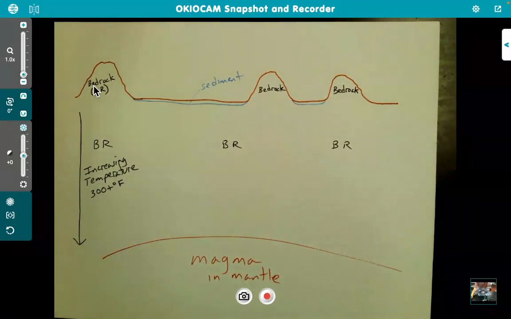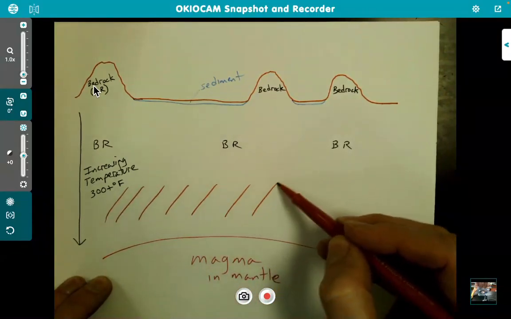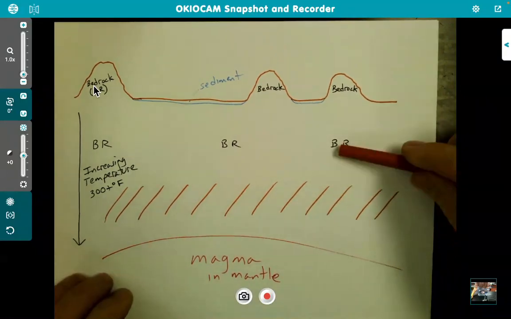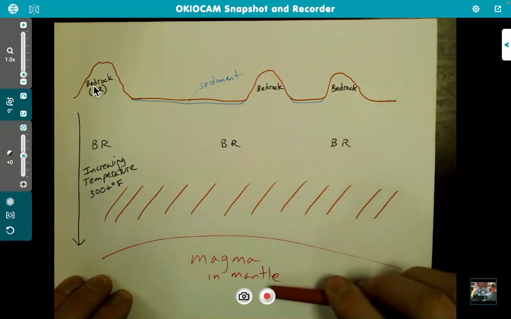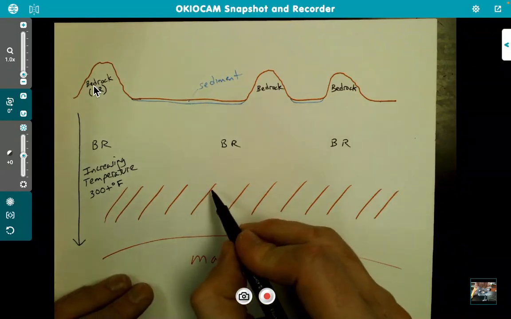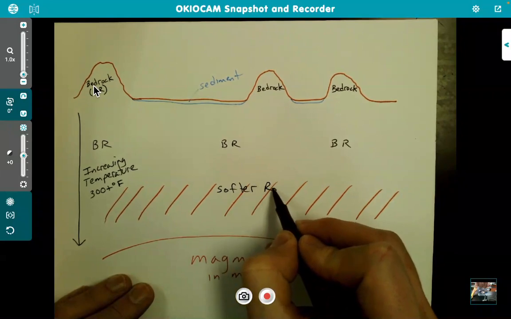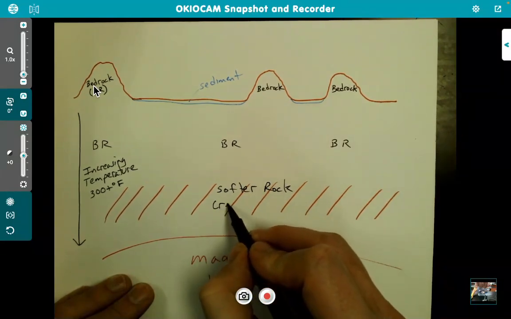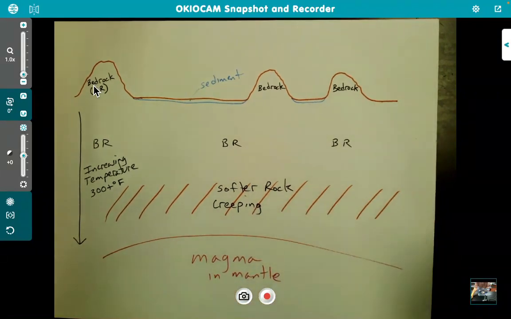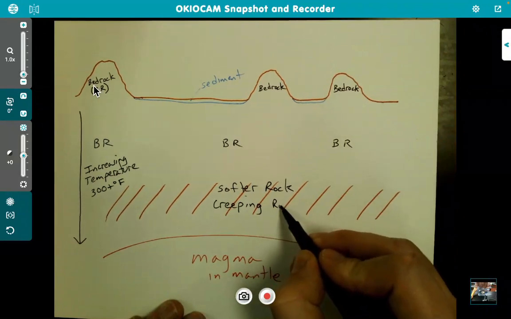So someplace down here, there's going to be a range of area of rock where it's not solid like the bedrock is, and it's not magma, but it's getting progressively softer as we go down. So this is where we would have softer rock and maybe some creeping, where the rock is starting to be pushed around because of the weight above it. So we have creeping rock down here too.